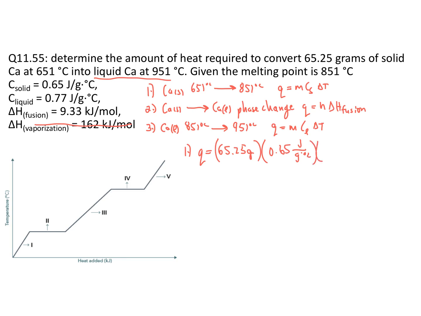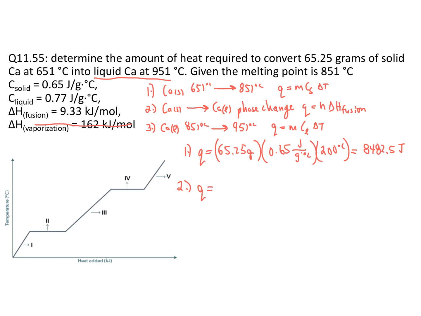And my temperature change is 651 to 851, a change of 200 degrees Celsius. So my energy for warming up the solid calcium from 651 to 851 degrees Celsius is approximately 8,482.5 joules.